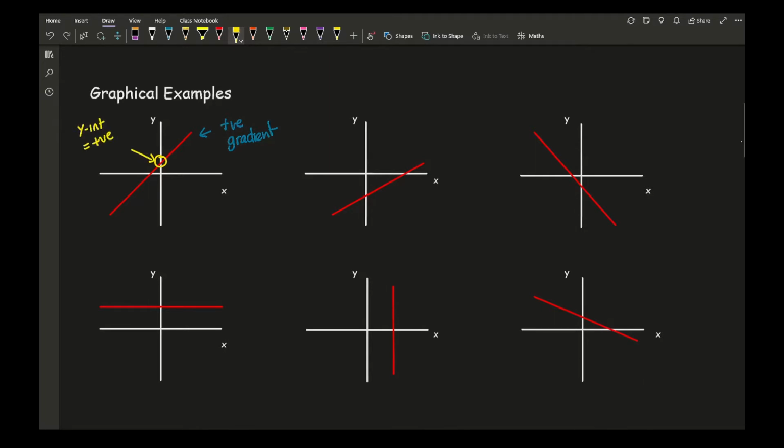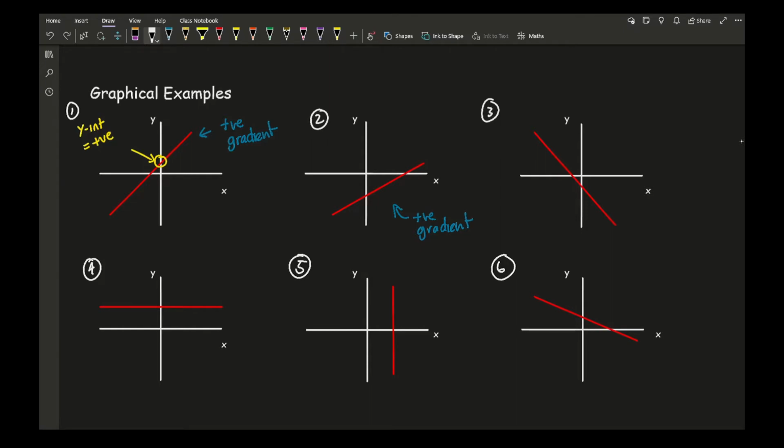In the second example, we can see that again we've got a positive gradient because the line is going upwards, but we can also note that, if I label these graphs 1, 2, 3, 4, 5 and 6, the steepness in graph 1 is a lot bigger than the steepness in graph 2.